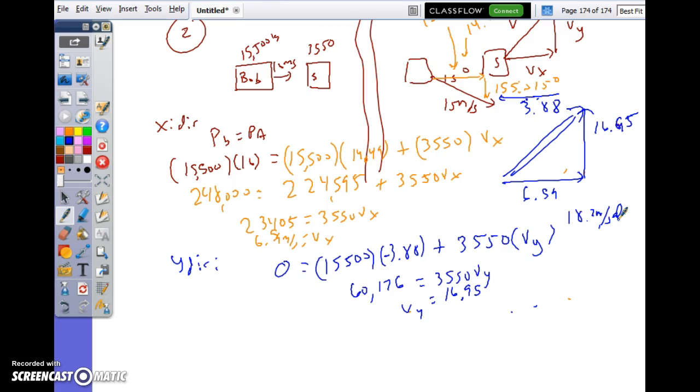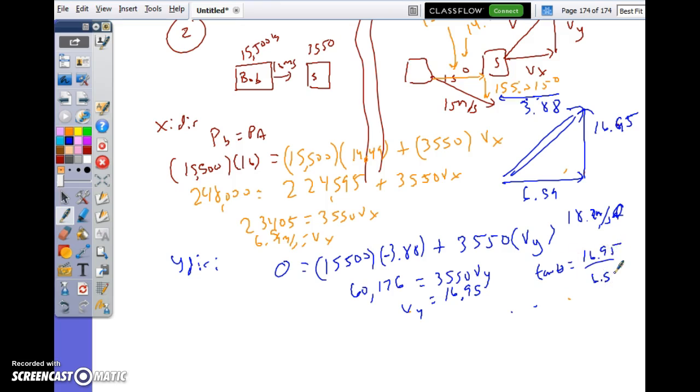I'm even trying to force you to say direction. So it's 18.2 meters per second at what direction? How do I get that? Arctan. So tangent of theta equals 16.95 over 6.59.